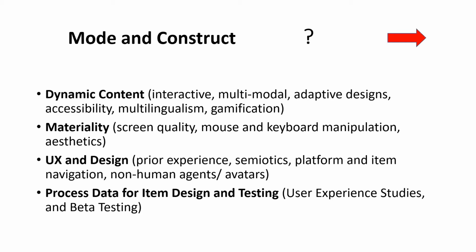Okay, so just to tease out some of the themes that we might look at, we're dealing with dynamic content, as I've shared. It's interactive, it's multimodal. With computer-based testing, we're dealing with adaptive designs, which we were never dealing with really in any significant way in paper-based tests. It enables us to improve accessibility.